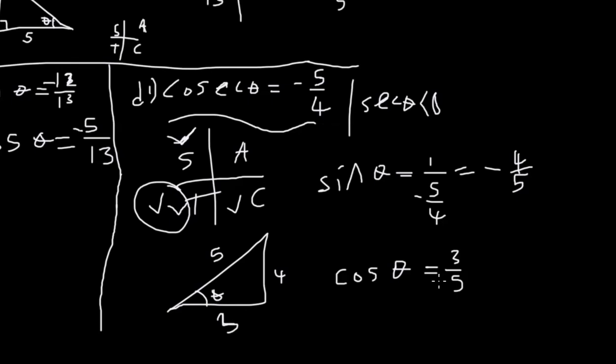So 3 over 5 is going to be your cos theta, but since we said this expression lies in the third quadrant, it simply means that cos in the third quadrant is negative, so you put a negative there.